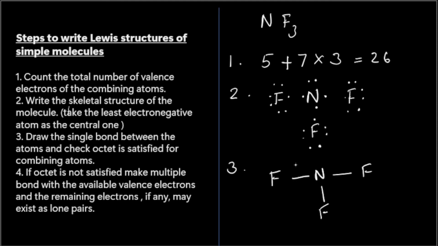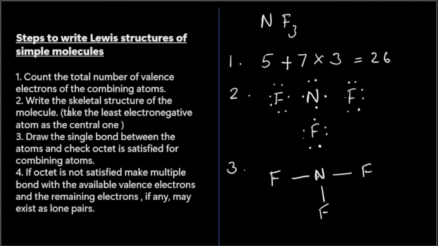Here there will be 3 single bonds. A single bond means 2 electrons. Here also 2 electrons, 2 electrons. And now check whether these atoms are satisfied with a stable octet electronic configuration.